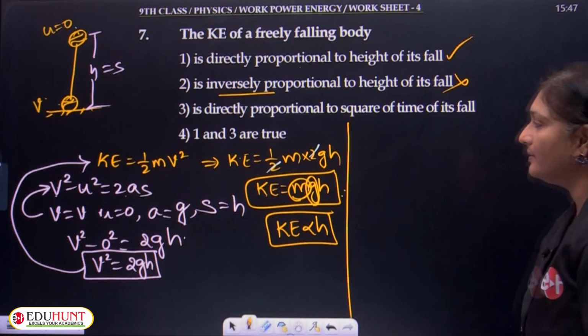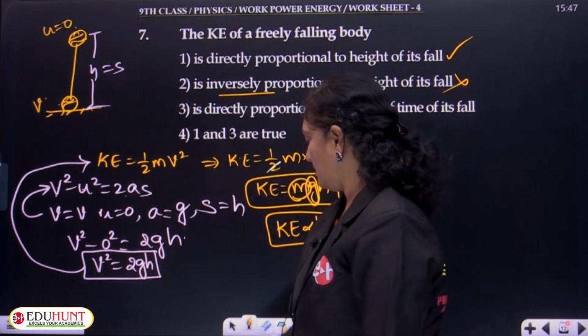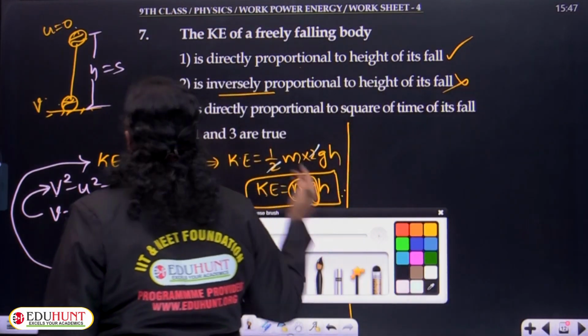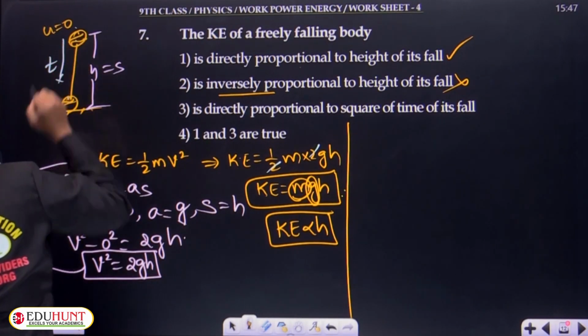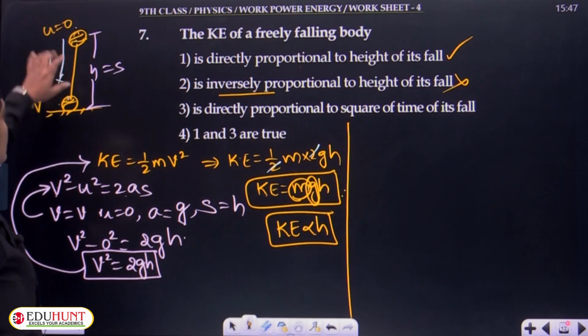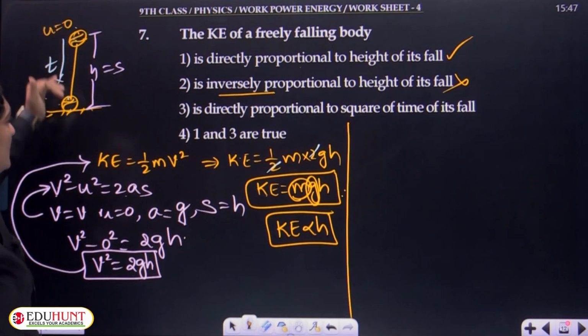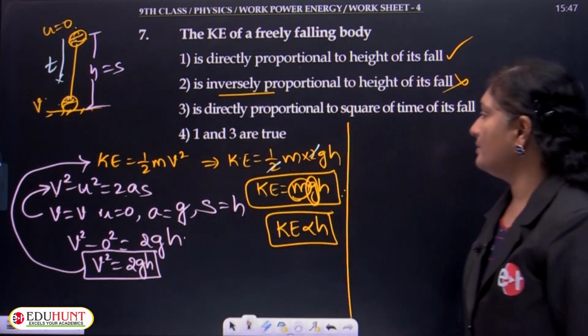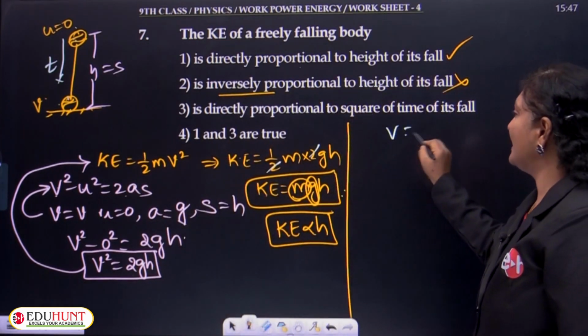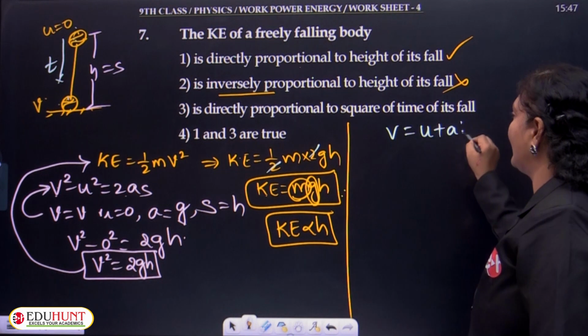Where is time, children? Again from the same formula, let us consider that it takes t amount of time for the complete free fall, from here to here. So again from the kinematic equation, we know that v equals u plus at.